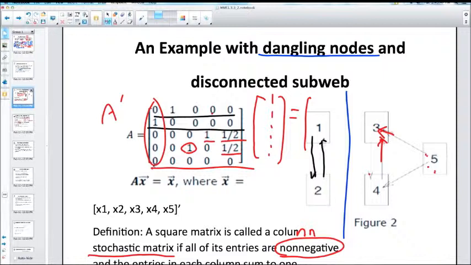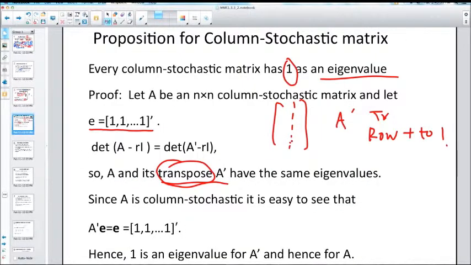And the determinant is going to be the same if you transpose. That's a property of the determinant. You change row to column, the determinant does not change. And then, if you multiply the A transpose by E, you get exactly 1, 1, 1, 1, 1.